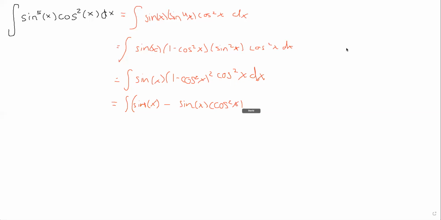Hang on a quick second. We're going to have to expand this first before we can multiply the sine through it. Oh, we have to. Okay. Yeah, that's true. Forgot about the exponent there. So you can either FOIL it out, or you can use the binomial theorem.